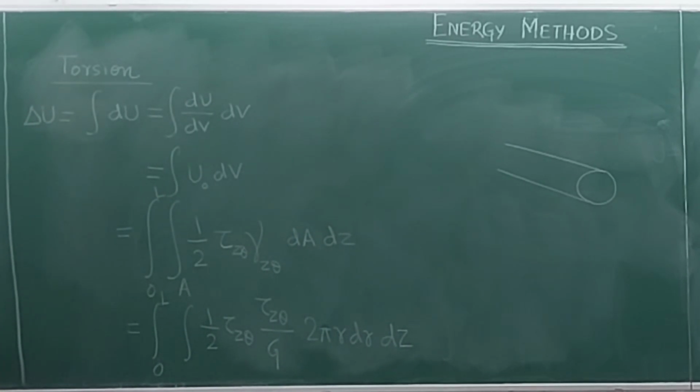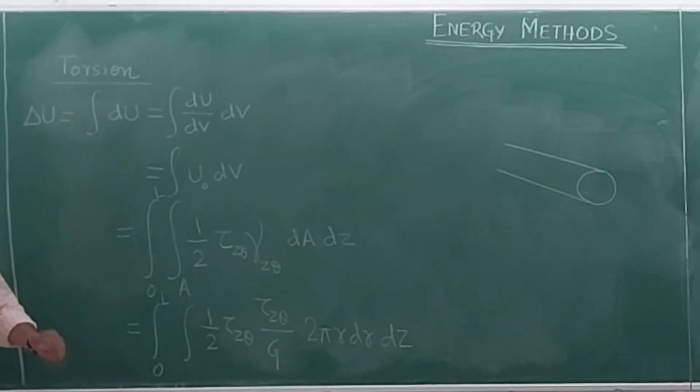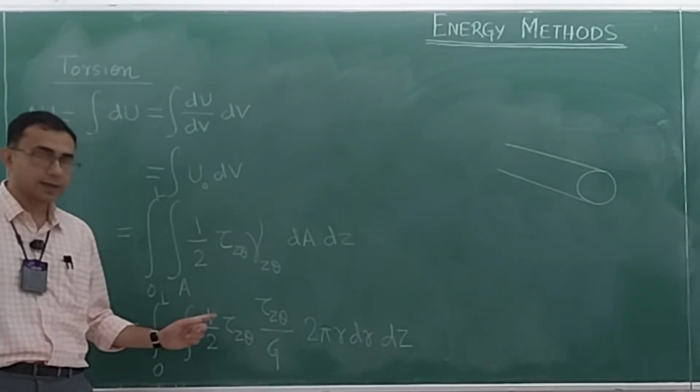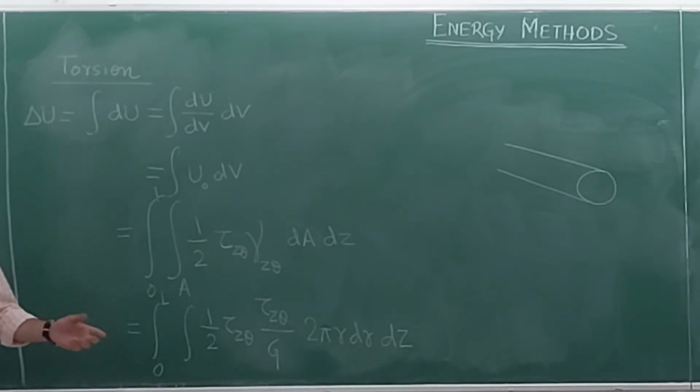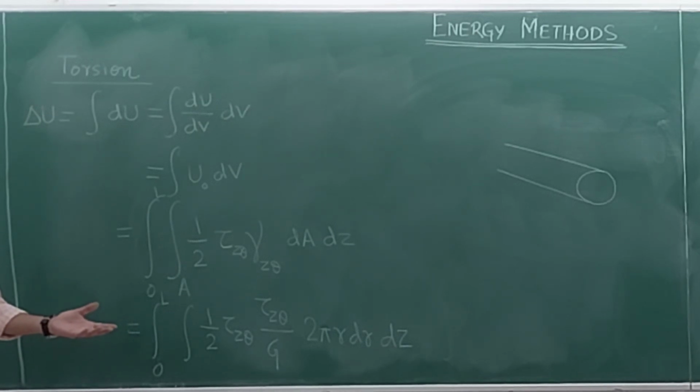Why am I interested in writing this in terms of this r? Where am I going with this? Because you see, already I have written this in terms of this tau z theta square. This tau z theta will be what? In terms of tr by j. Very good. Okay, so tau z theta will be written as tr by j. Okay, t is supplied to us. J is the property of the cross sections. The only thing that we need to worry about is that r.